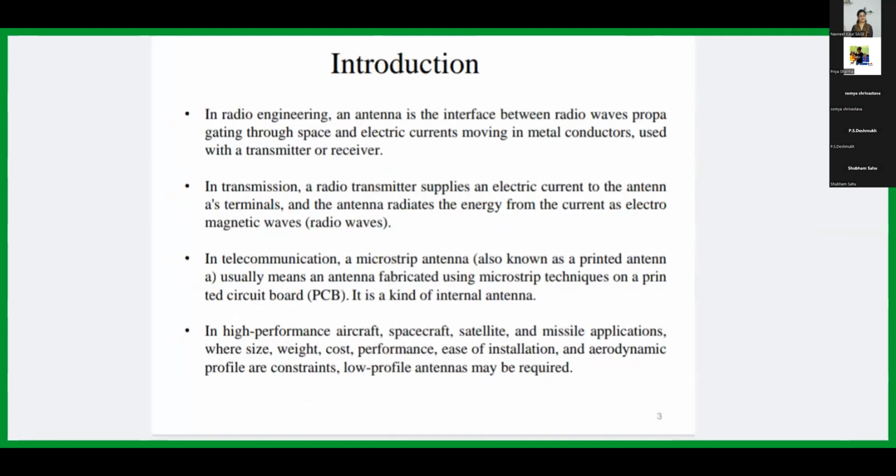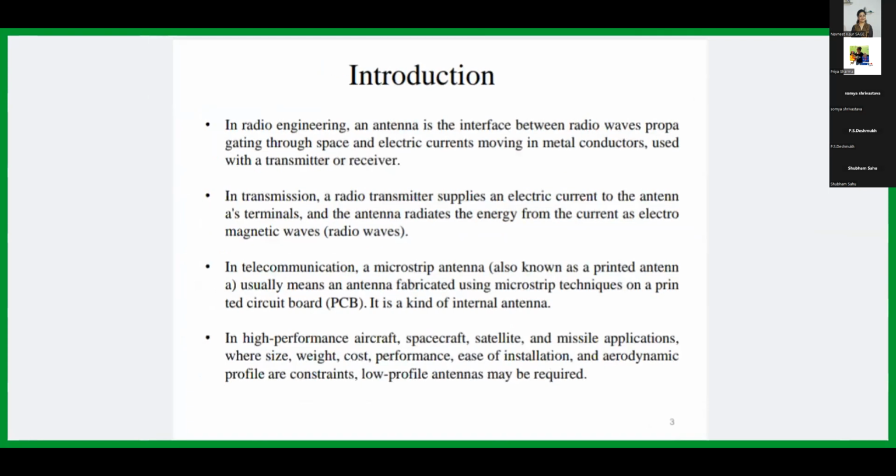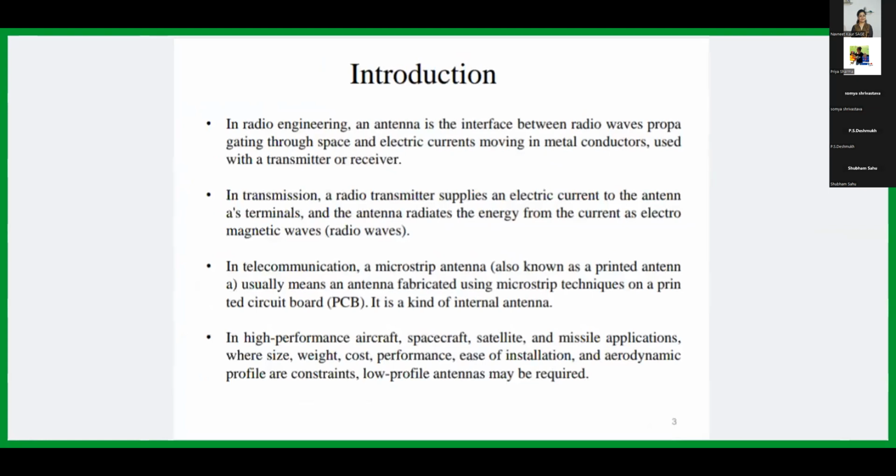In telecommunications, a microstrip antenna usually means an antenna fabricated using microstrip techniques on a printed circuit board.